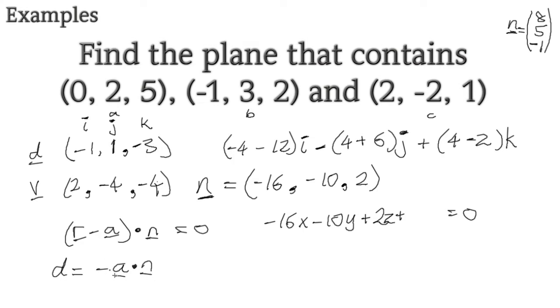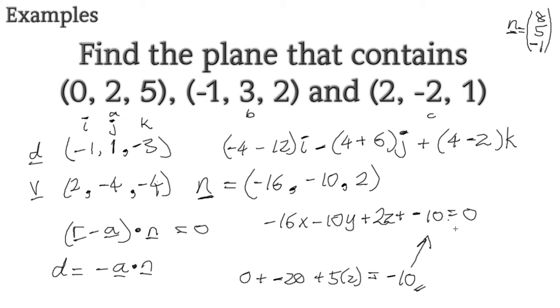So let's find a dot n. A dot n is 0 times minus 16, which gives me 0, add 2 times minus 10, minus 20, and add 5 times 2, which is 10, which goes to minus 10 in total. So plug that in as minus 10.